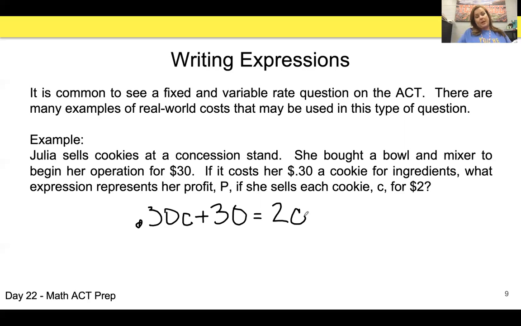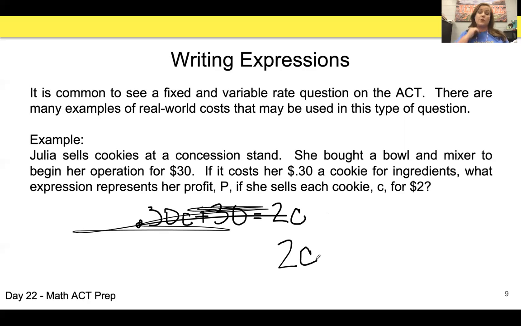Now you should be able to move this over and you're going to end up getting, oh, no, I did that wrong. Oh, I'm kind of right, kind of wrong. Sorry. So her profit is $2 times the number of cookies.